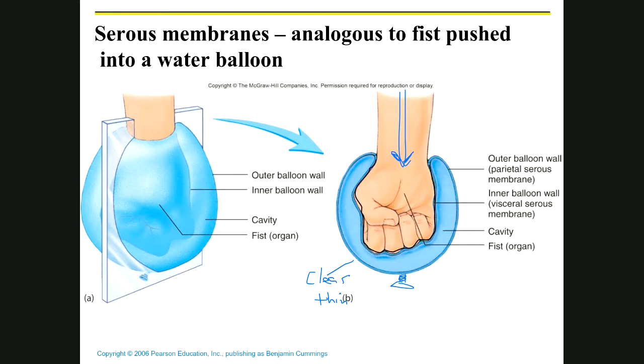So now there are two layers, just as if I had two layers of cellophane or something. The layer touching the organ is called the visceral layer. Visceral means organ, so it's touching the organ. And the layer that does not touch the organ, this one out here, is called the parietal layer. So we've got two layers, a visceral and a parietal.